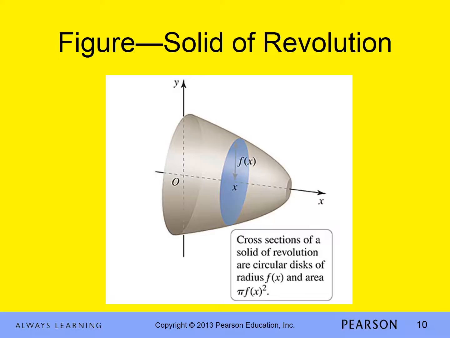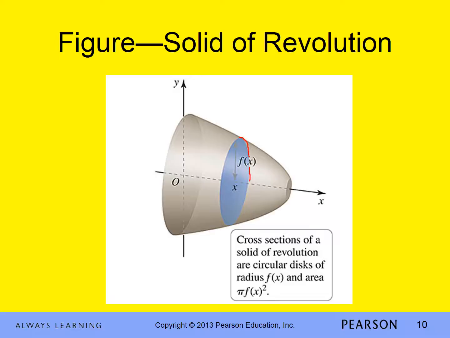Okay, so here's how it looks, and the volume, of course, according to what we just learned, a general method of volume by slicing is the integral from a to b of A of x dx. And A of x this time is the area of this blue circle.